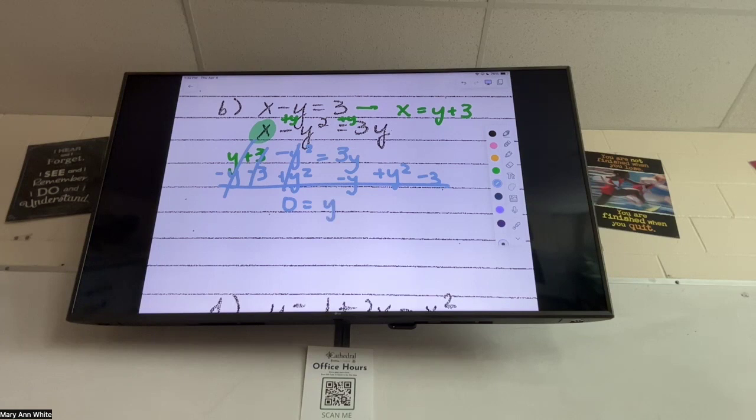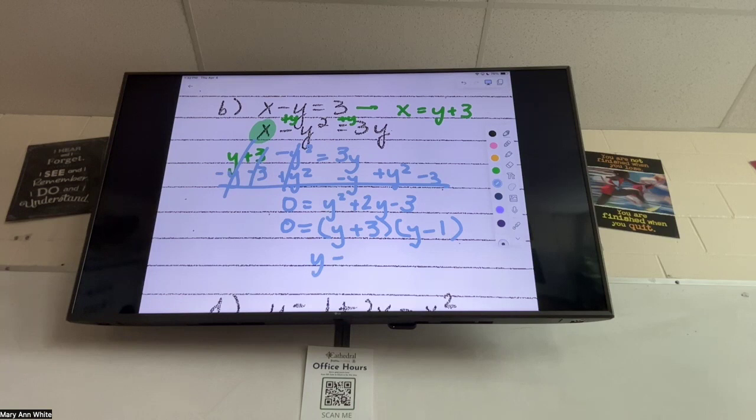So I'll go y squared plus 2y minus 3. Okay. And so now I'm going to factor that out. That's going to be a pretty easy factor. y plus 3, y minus 1.